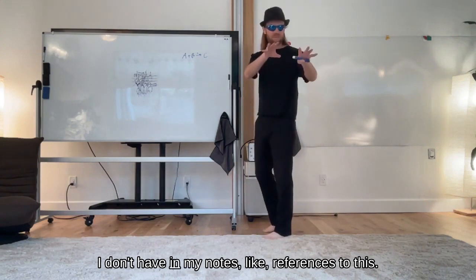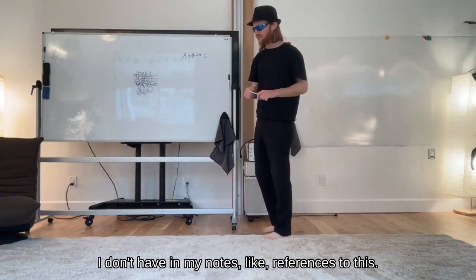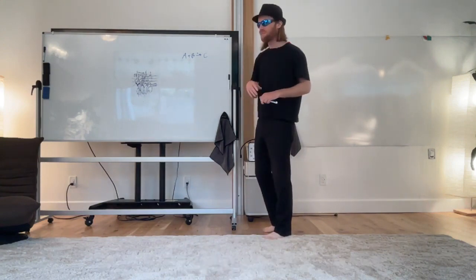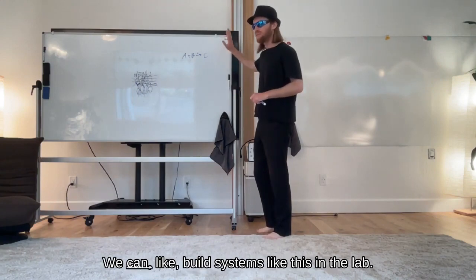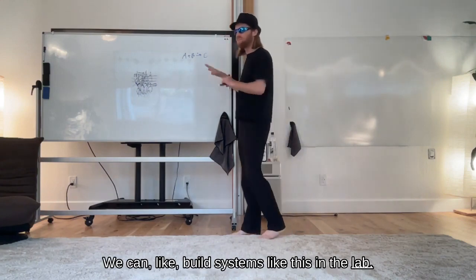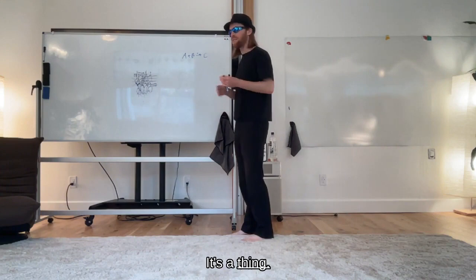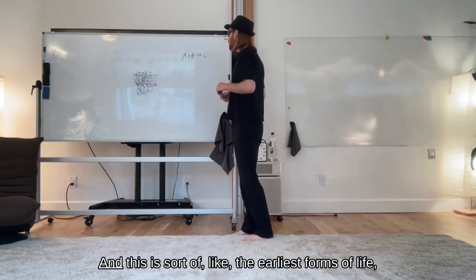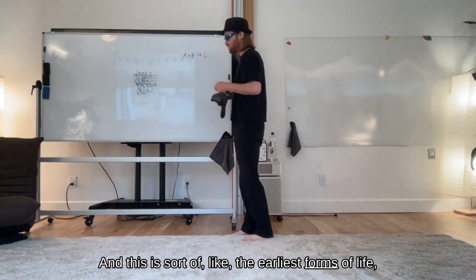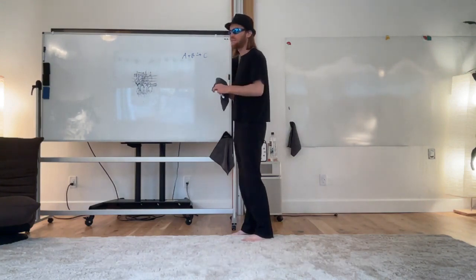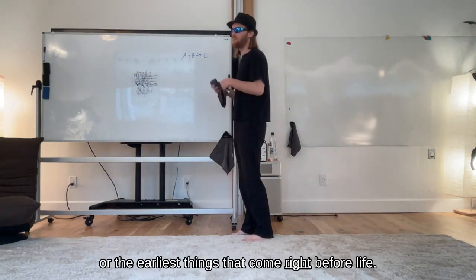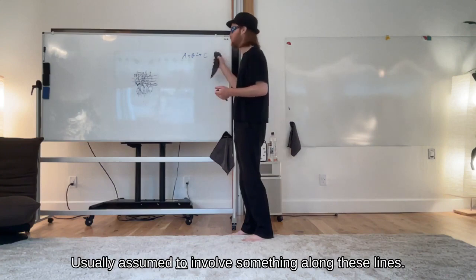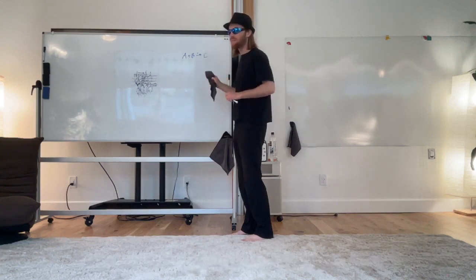I don't have references to this in my notes, but people have examples of these. We can build systems like this in the lab. This is the earliest form of life, or the earliest thing that comes right before life, usually assumed to involve something along these lines.